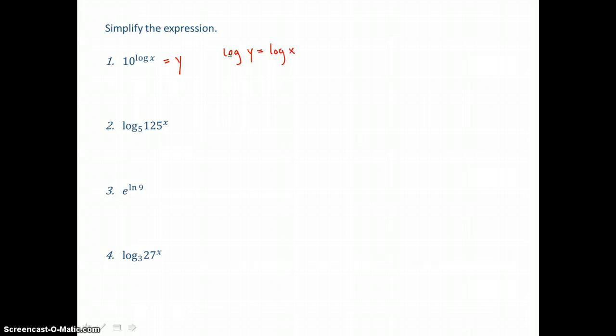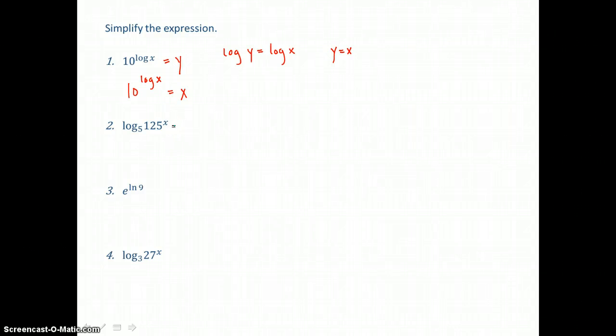But if log base 10 of y is equal to log base 10 of x, those numbers have to be the same. So y has to equal x in order for this to be true. So this expression, 10 to the log of x power, is equal to x. It just simplifies to x.